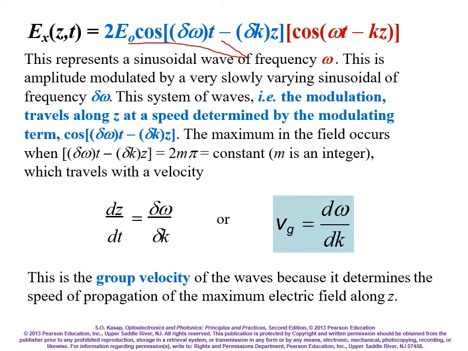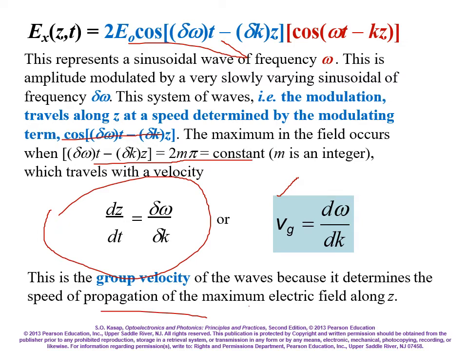The maximum in the field occurs when this phase becomes constant. So from there we can get the Vg equation. This is the derivation of the group velocity of the wave, because it determines the speed of propagation of the maximum electric field along z.